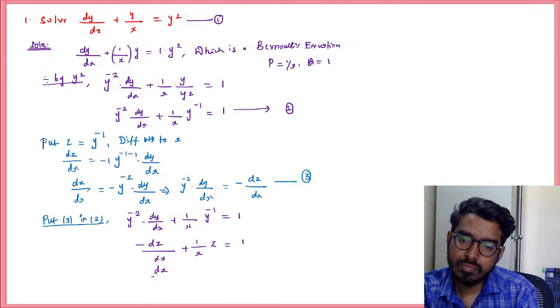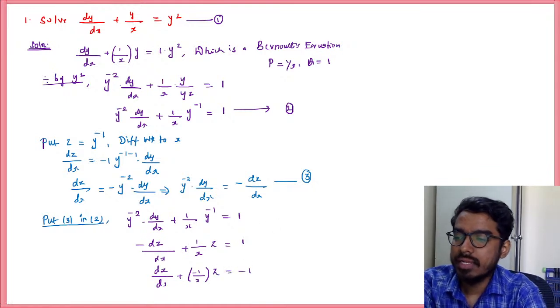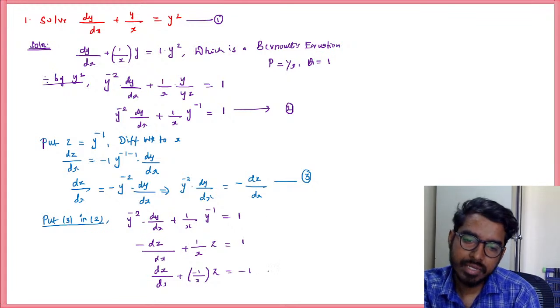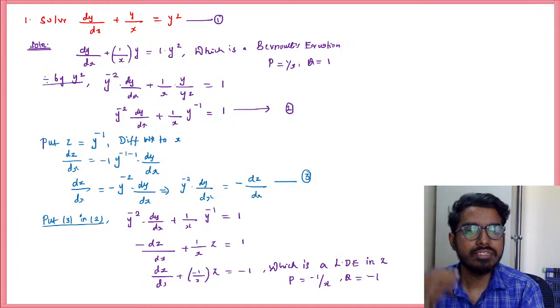So there will be dz by dx minus 1 by x into z is equal to minus 1, right? Which is a linear differential equation in z. What is the value of P? P is minus 1 by x and Q is minus 1, right?